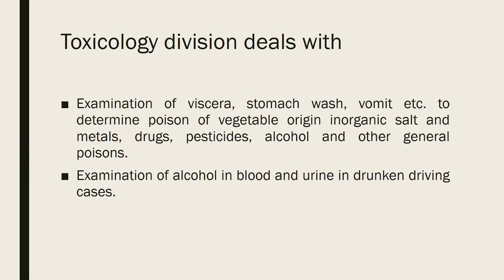The toxicology division has to examine whether the viscera, meaning stomach, liver, spleen, lungs, kidney, all such things, contain any poisonous substances, and if so, what the substance is. They also analyze the stomach wash and vomit to identify the poison consumed by the person. Then there is examination of alcohol in blood and urine in drunken driving cases.